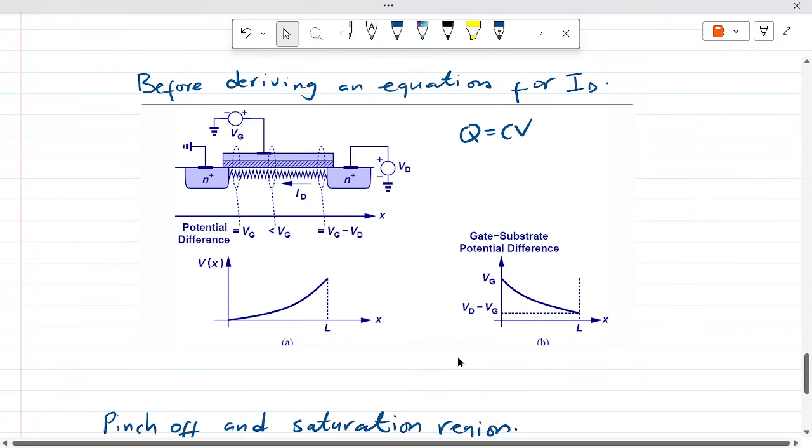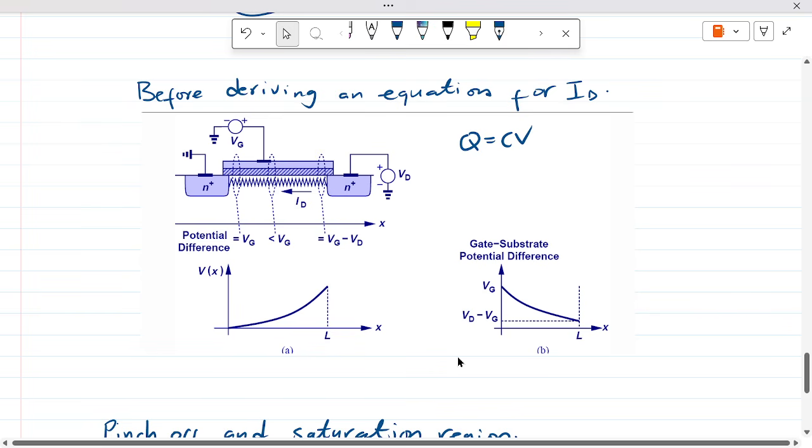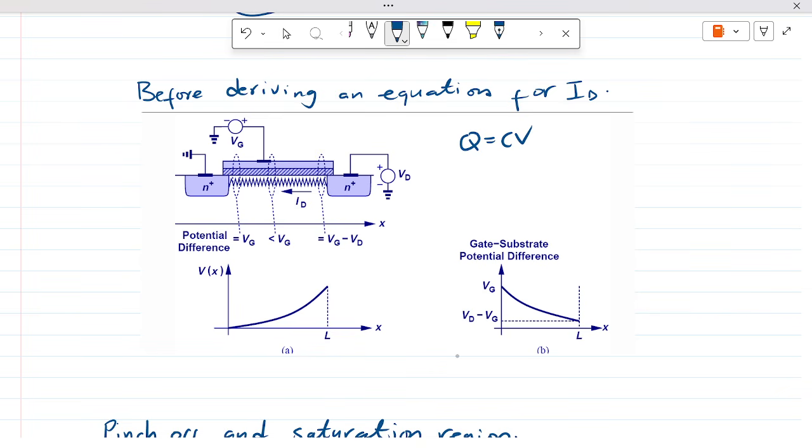Now, before we derive equations, we should try and understand something basic here, which is very important in what we are doing. Assuming this is the source and this is the drain, if a voltage VD is applied at the drain, then the potential of the drain is higher than the potential of the source, because we expect the source to be at ground potential, say 0 volts.